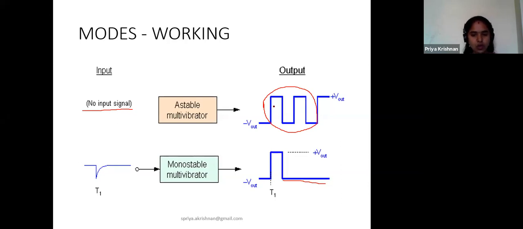So we can also call this a square wave generator, or a free running oscillator. These are the other names of astable multivibrator. The other name of monostable multivibrator is one shot multivibrator. It is active for one time only.